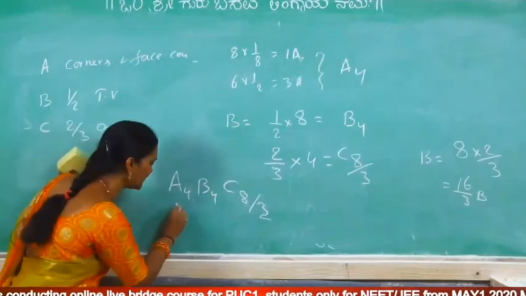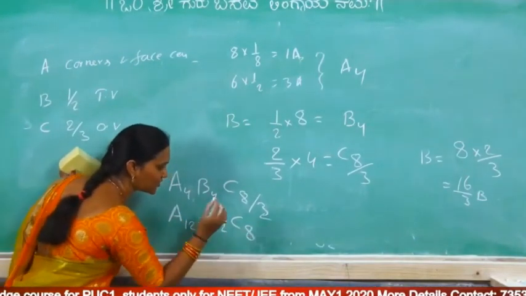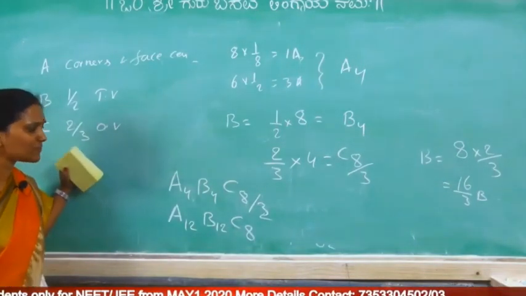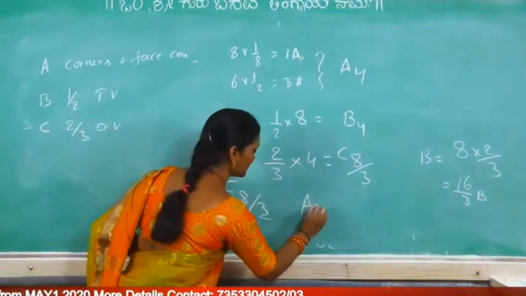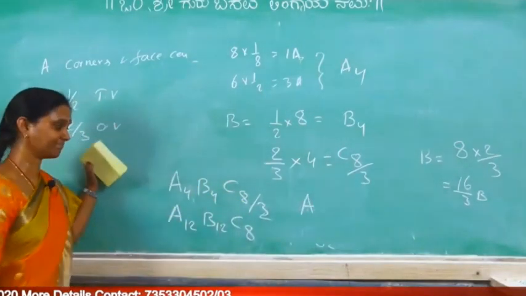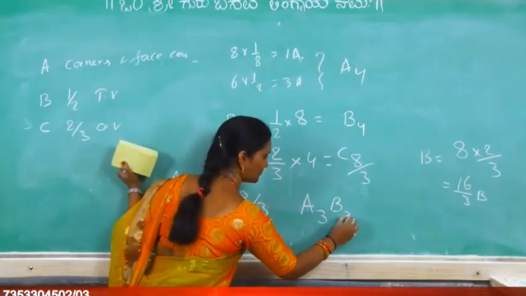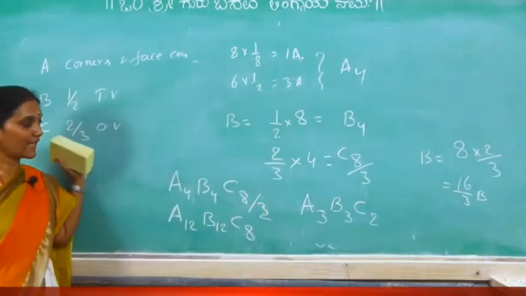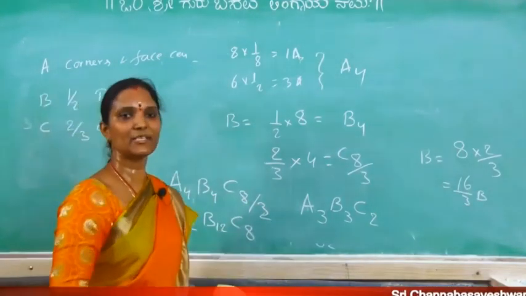So then we get A12, B12, C8. Again, can we simplify or not? We can simplify. Yes or no? A3, B3, C2. So the formula of the compound is A3B3C2.